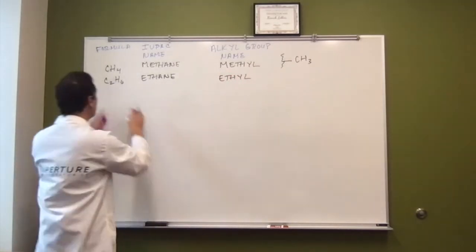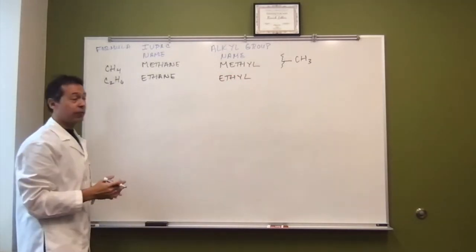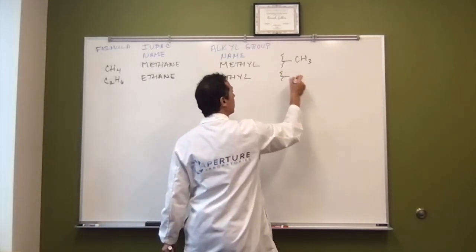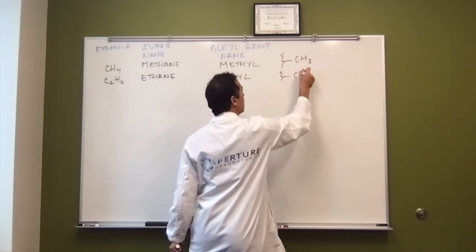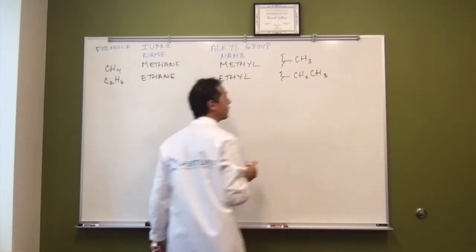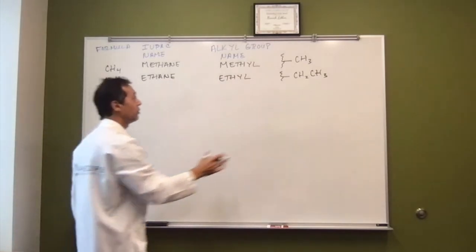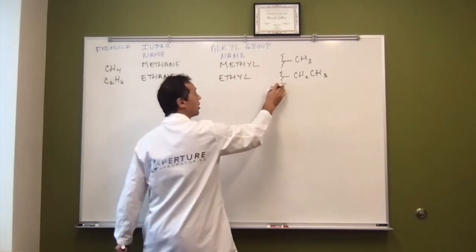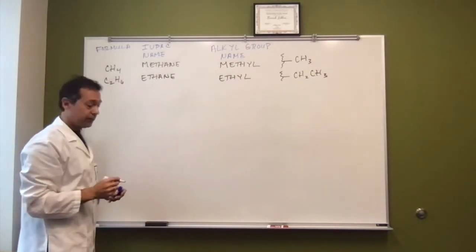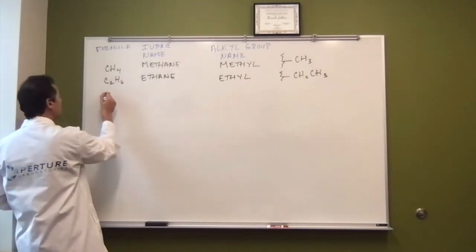So if there's 2 carbon atoms attached onto something, if we have a squiggly line like this, we would have CH2CH3 attached. So this would be an ethyl group attached to a larger molecule, or if it's just that molecule, it's ethane.